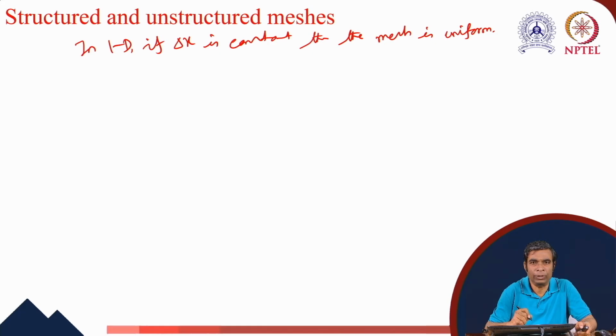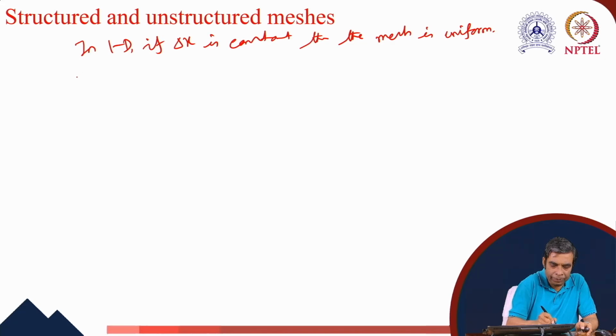When we talk about a structured and unstructured mesh, it indicates that we are talking in 2 dimensions or in 3 dimensions. So in multi-dimensions, in mesh generation, if we can identify grid lines within the mesh, then we say that we are using a structured mesh. If grid lines are not identifiable in a mesh, then we say that we are using an unstructured mesh.